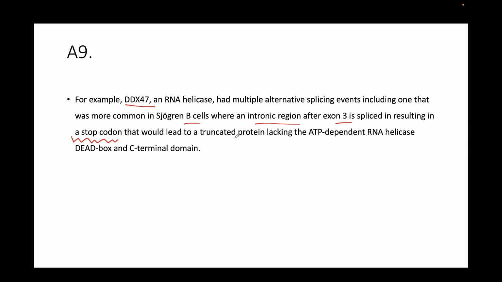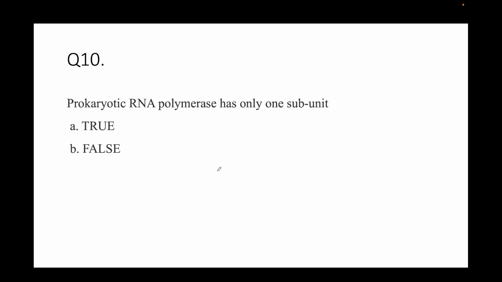That would lead to a truncated protein lacking the ATP dependent RNA helicase DEAD box and C terminal domain. So this is one example of truncated protein production, but it does not always happen, only sometimes, because of stop codon appearance. Got it? Let's move to the next question.